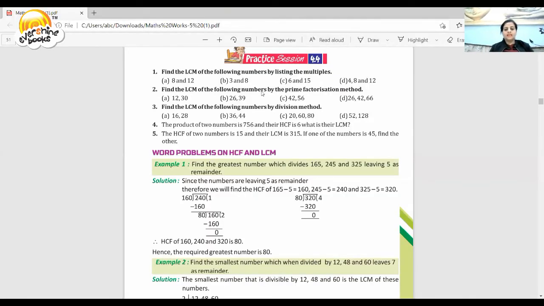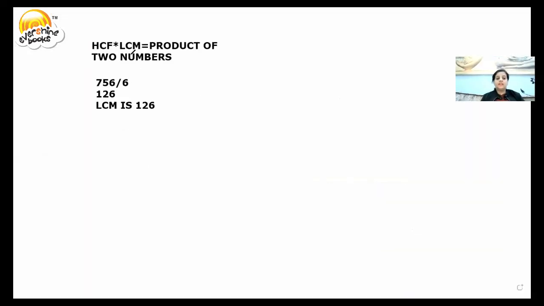So in exercise 4.4, point 4: the product of two numbers is 756 and the HCF is 6. What is their LCM? You should know the rule, which I have already written: HCF into LCM equals the product of the two numbers. It means you have to multiply.